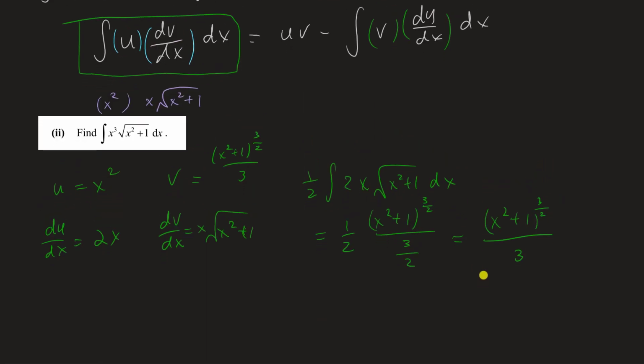Putting all this in place would give us the integration of x squared times x root x squared plus 1 as uv minus integrate v du.